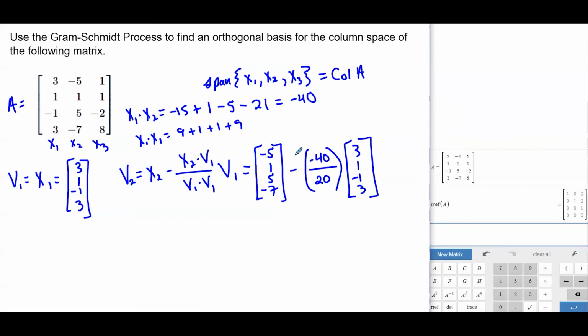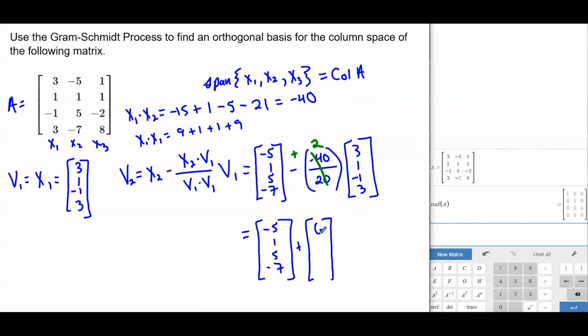All right, so these two negatives will cancel. We'll get a plus, and the fraction is going to be 2. 40 divided by 20. So I'm going to add x2 to 2 times x1, or 2 times v1.